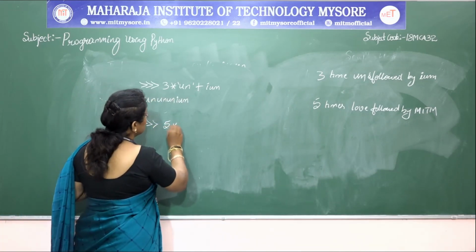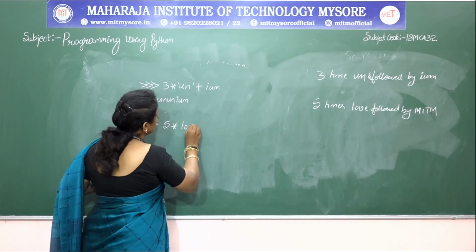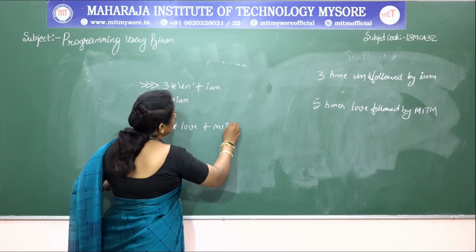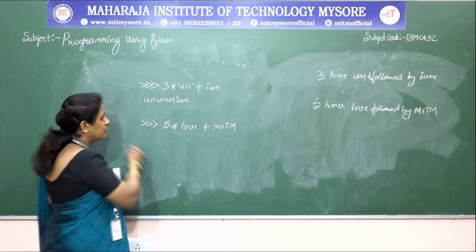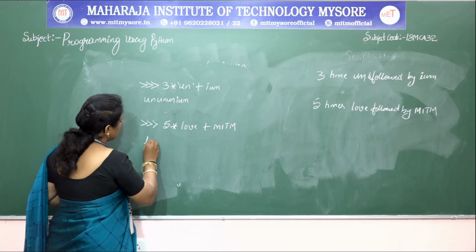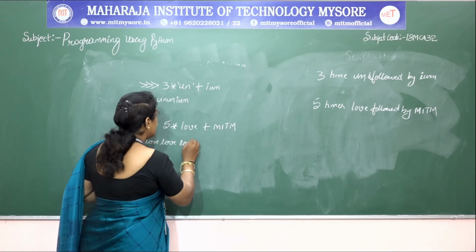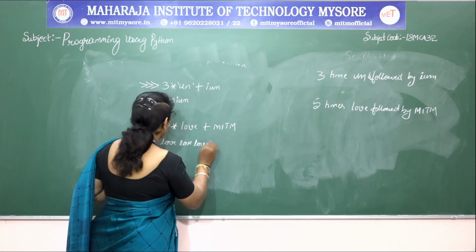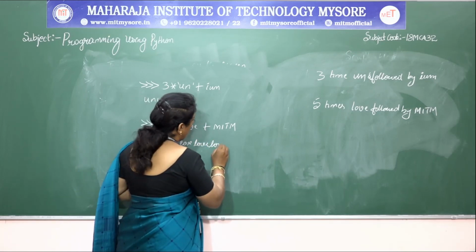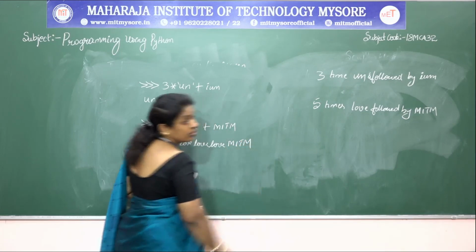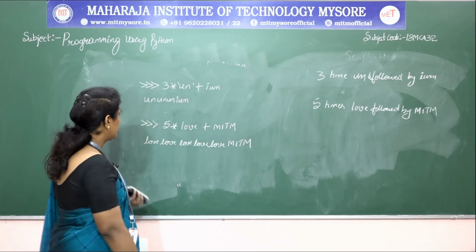So 5 multiplied by love plus mitm. So we will get output where 5 times it is going to repeat the word. Like this we will get an output.